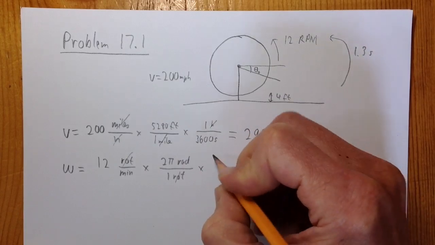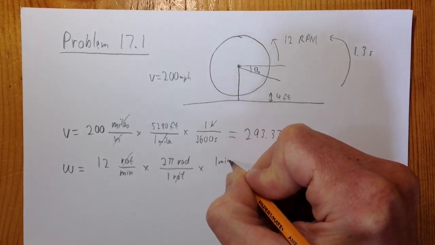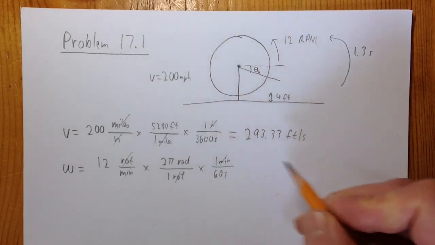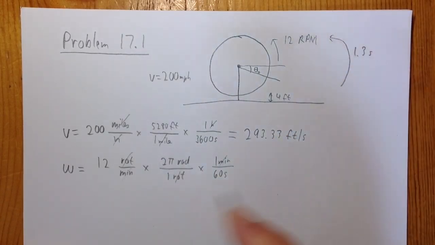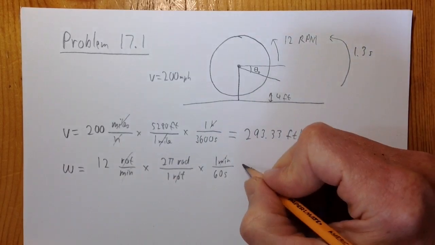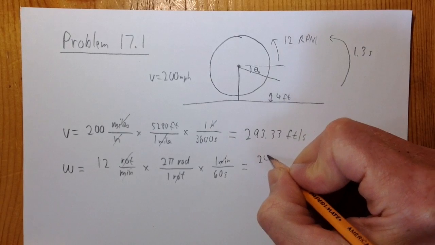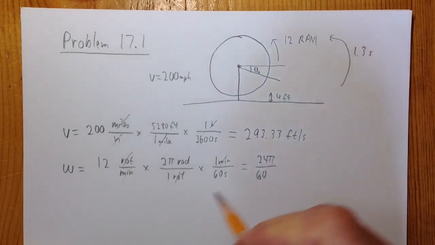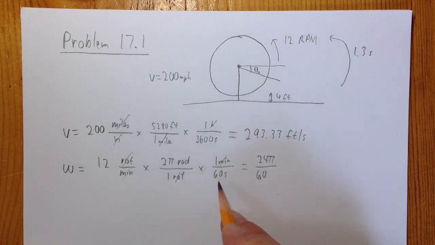And we want seconds, so put the minute on top, 1 minute divided by 60 seconds. Minutes cancel. Let's keep it perfect. We have 12 times 2 pi on the top, so that's 24 pi on the top divided by 60 on the bottom. We're going to have radians per second.